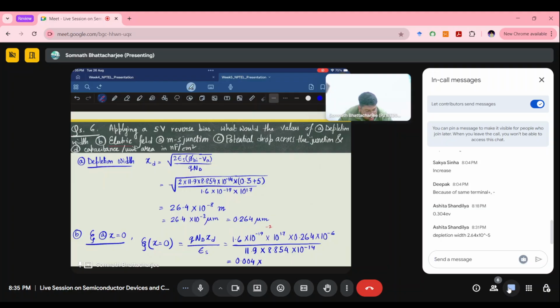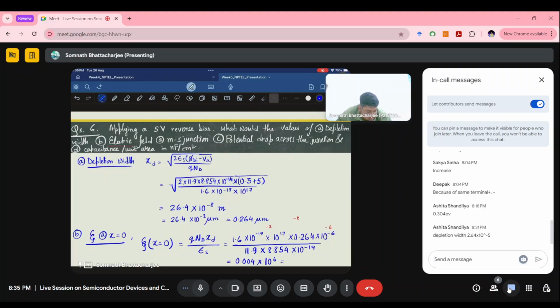This, 6, so minus 8. That is 10 to the power of 6, right? Or am I wrong? Yes, so the values are this.